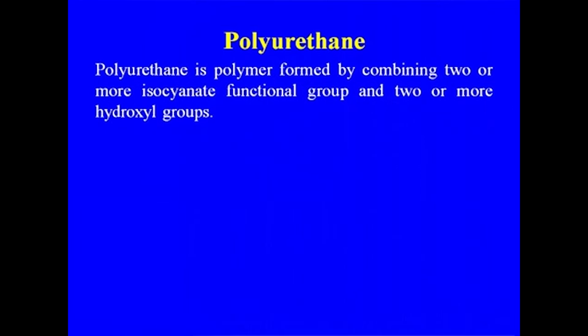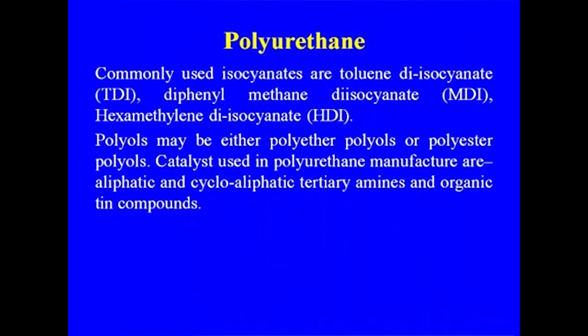Polyurethane is a polymer formed by combining two or more isocyanate functional groups and two or more hydroxyl groups, that is the polyols. Commonly used isocyanates are toluene diisocyanate. This is one of the major consumers of toluene, as I told you earlier while discussing the aromatics. Diphenyl methane diisocyanate, hexamethylene diisocyanate, HDI.